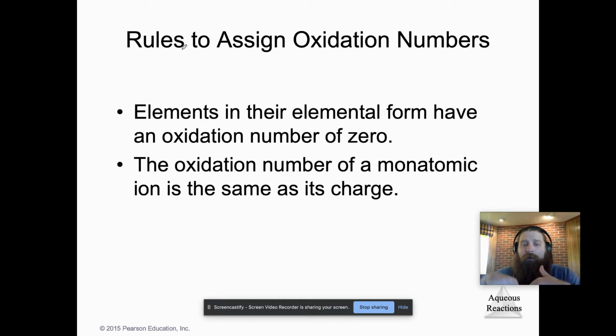If you have a monatomic ion, the oxidation number is the same as its charge, right? So a monatomic ion would be like S minus 2. So what's the oxidation number? -2, all right? The monatomic ion has the same oxidation number as its charge. If I have something elemental, so let's say I just have sulfur by itself, well, then its oxidation number is 0.